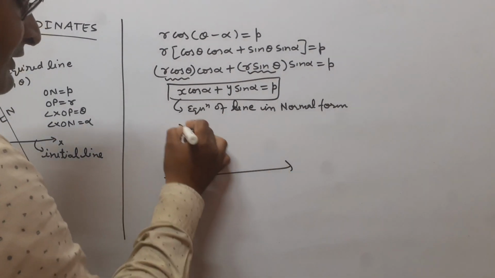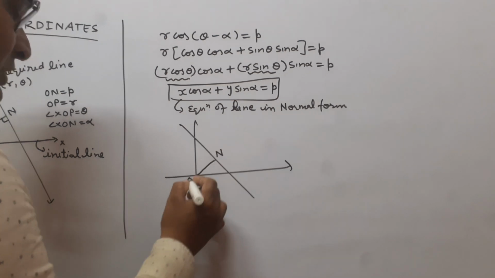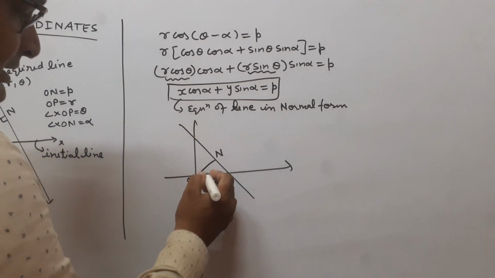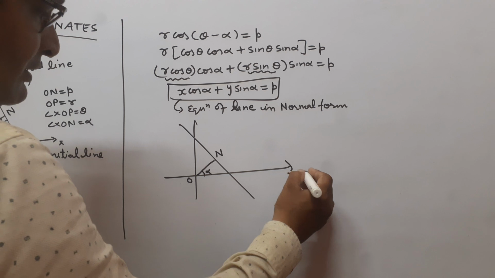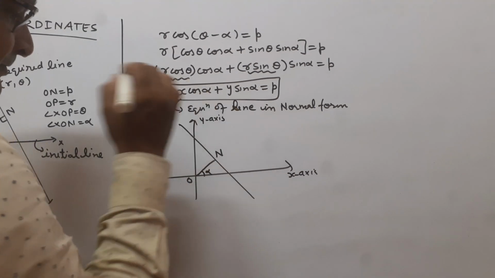Also we can see here, if this is the origin, ON is the perpendicular drawn from O on the line, and suppose that this perpendicular makes an angle alpha with the x axis, and this is the y axis.